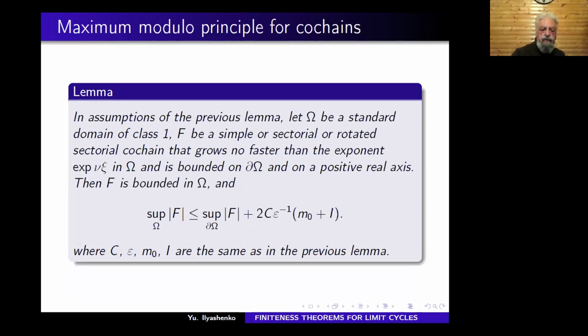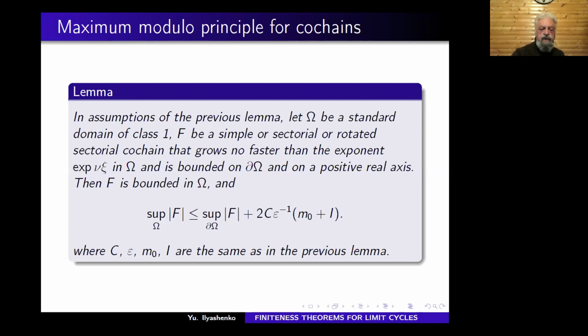And therefore, we have a maximum modulo principle for cochains. It is not as good as the maximum modulo principle for functions, where the supremum of modulo f is smaller than or equal to the supremum of the modulo f on the boundary. But for the cochains, in the assumptions of the Phragmen-Lindelof theorem, the supremum of the cochain inside is no greater than the supremum on the boundary plus some constant.